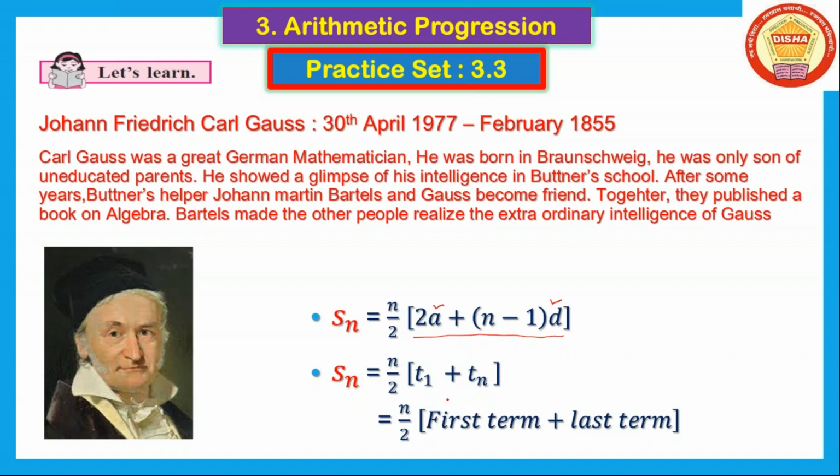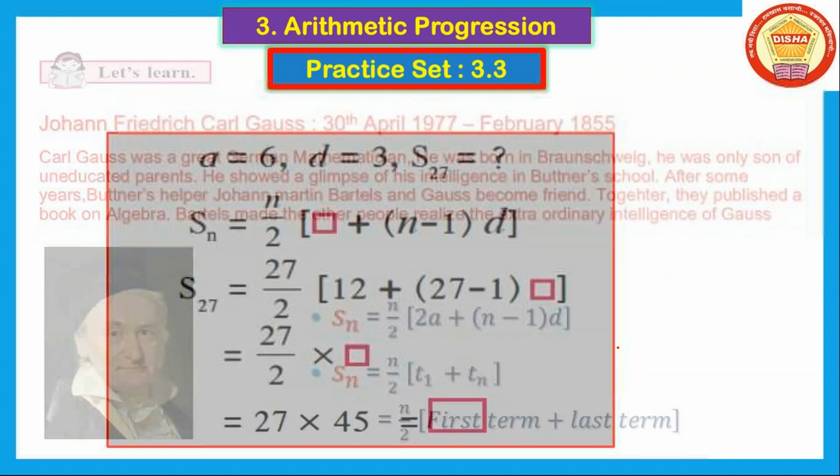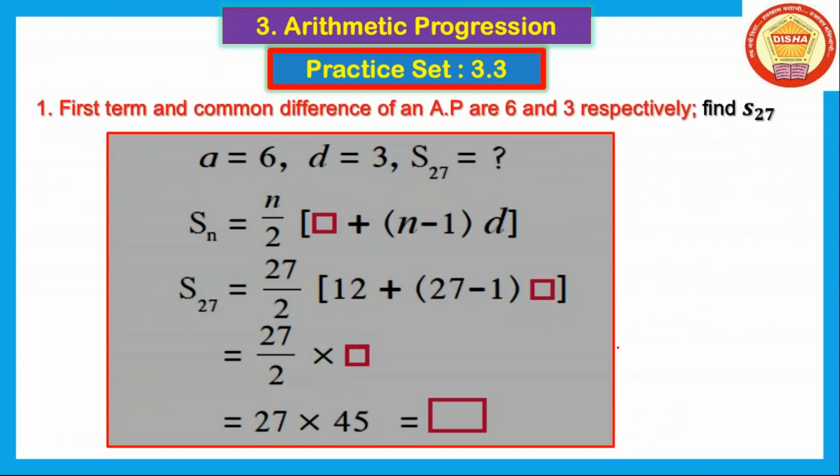If in the given AP the first term and last term are given, then we use this second formula. And if in the given AP, a, d and the number of terms are given, then we use the first formula. Now we start the practice set 3.3.